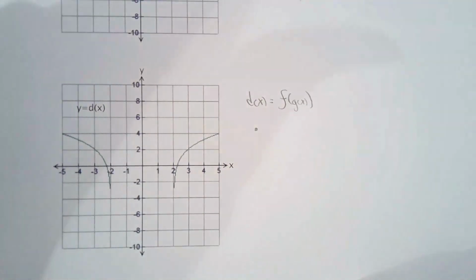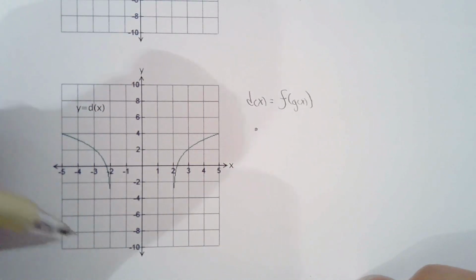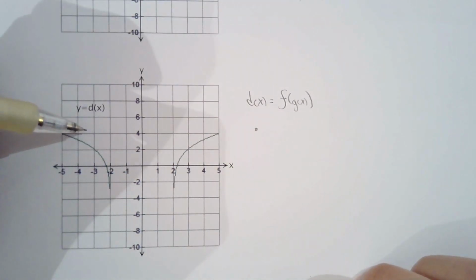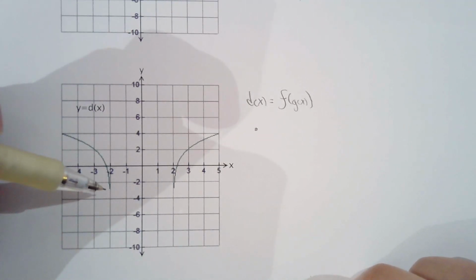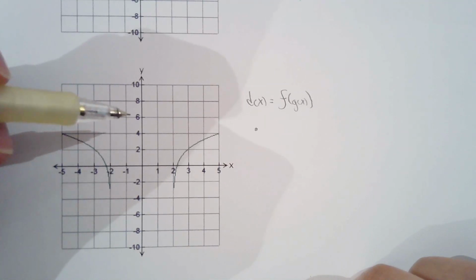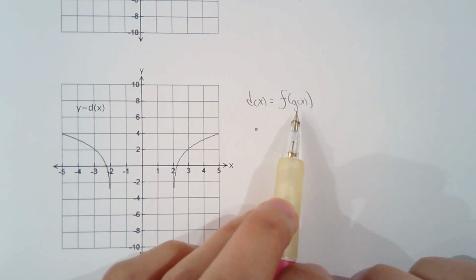So look at the graph. What's the property that exists in this graph for d of x that will basically ensure that you create d of x by combining f and g using this composition?